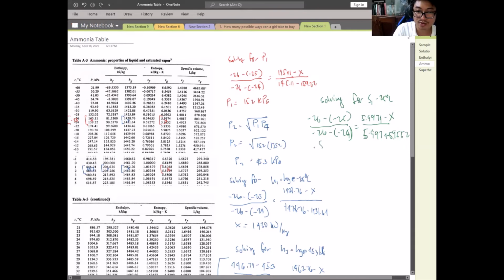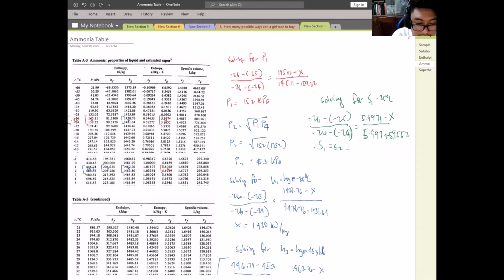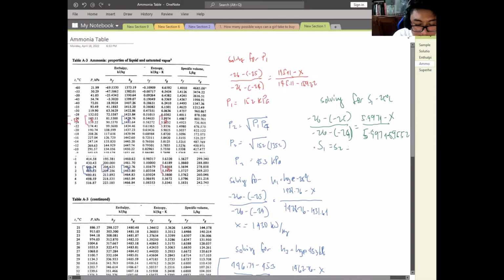So X is equal to S1, and H equals S2. Let me type this in the calculator, please bear with me. We are solving on the spot, so there may be a slight error. Hopefully we won't make an error.